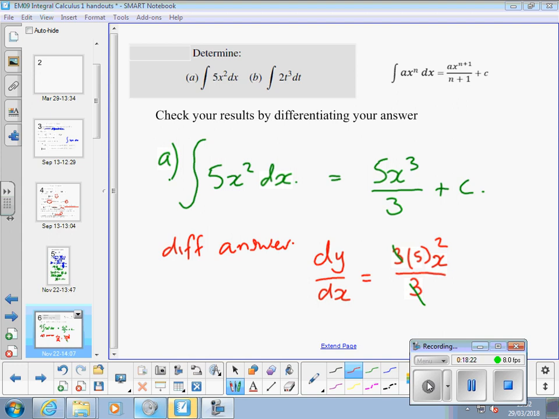When you differentiate, just neaten that up a little bit, because you're going 5 over 3.